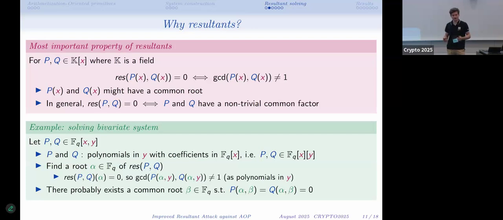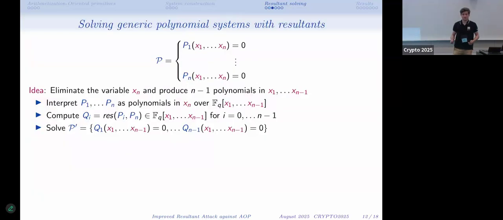Let's take a look at why resultants are not used in the general case, because they've actually not been used very much. If we have this general system with n equations and n polynomials, and I want to solve this system, what I will have to do is pick one polynomial in particular, for example the last one. And if I want to make the last variable, which would be xn, disappear, I have to compute resultants of p1, pn, p2, pn, and so on and so forth. So I have to do n resultants to remove the xn variable, right?